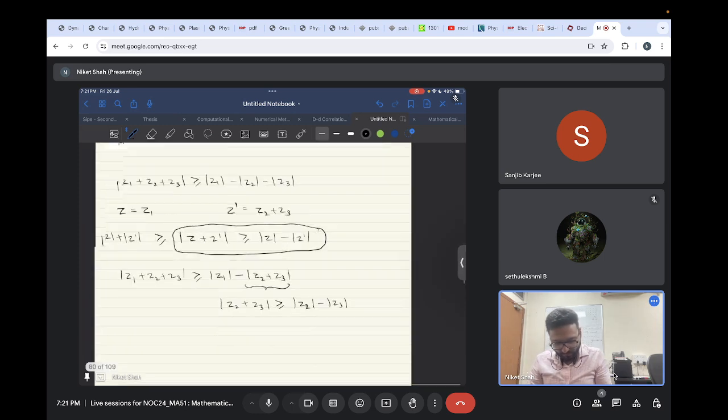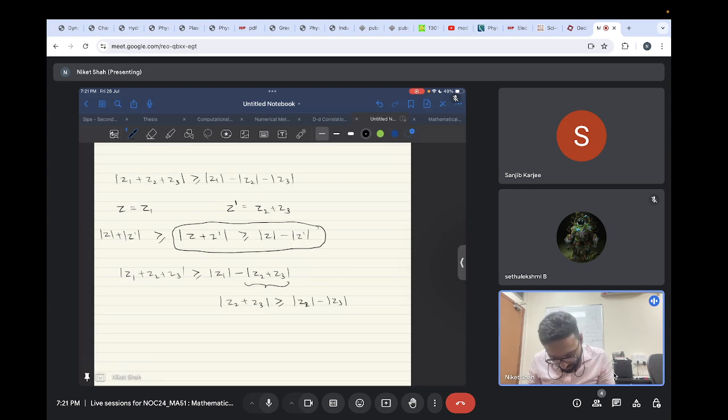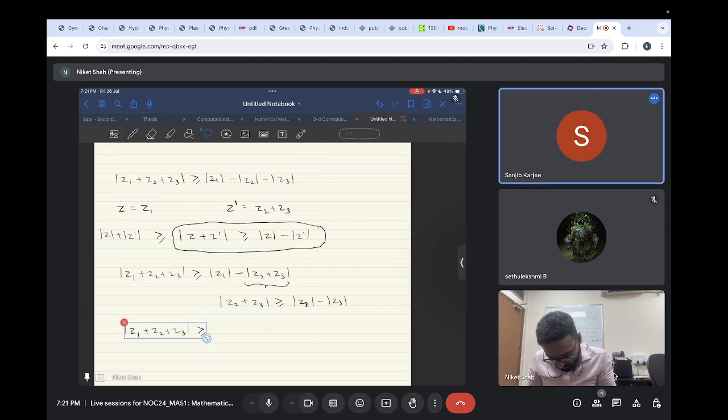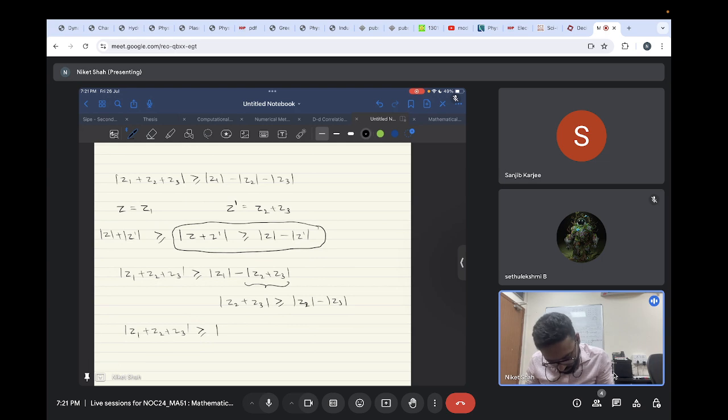But putting it here, what I get is mod Z1 minus mod Z2 plus mod Z3, which is not the form I want. This is not the form I want, right? I want both negative. So I would have to use the left hand side of it, mod Z2 plus mod Z3. This is what I need to use, this part.